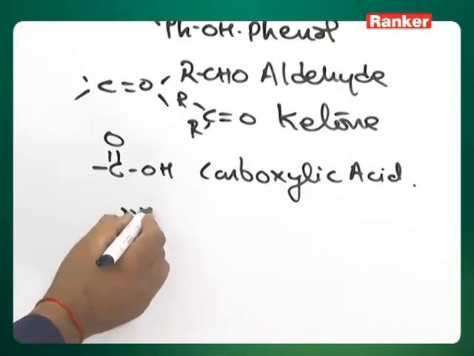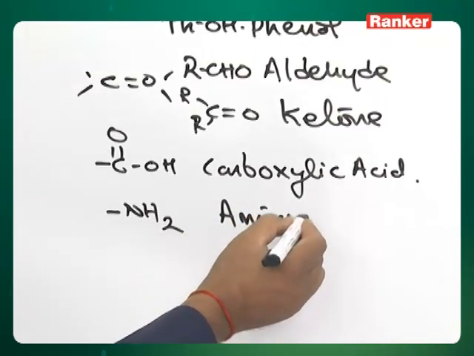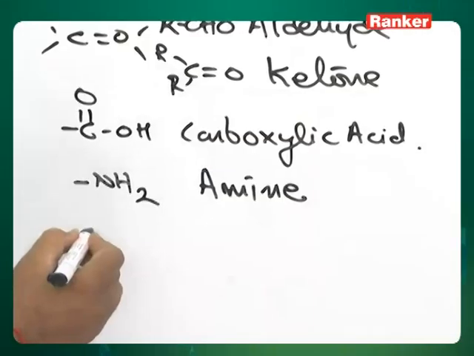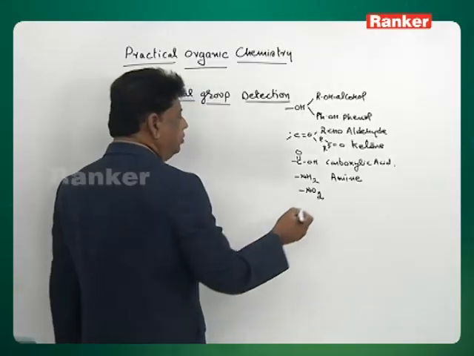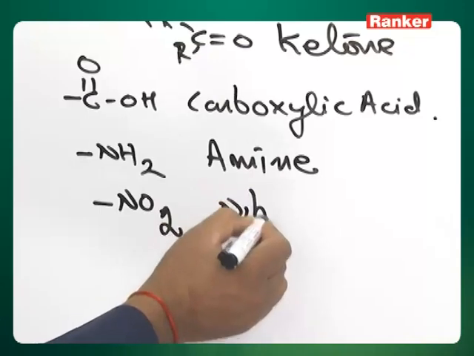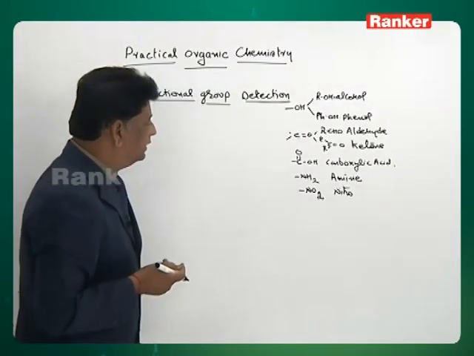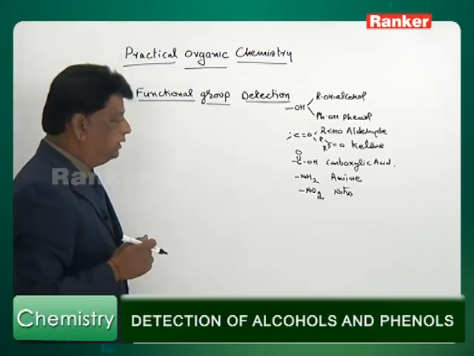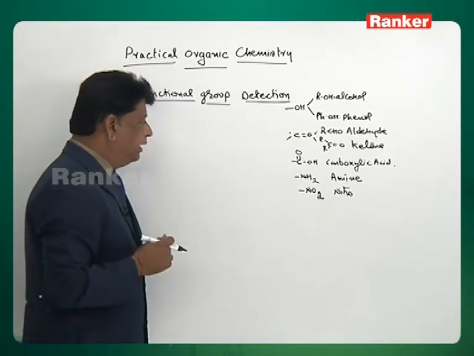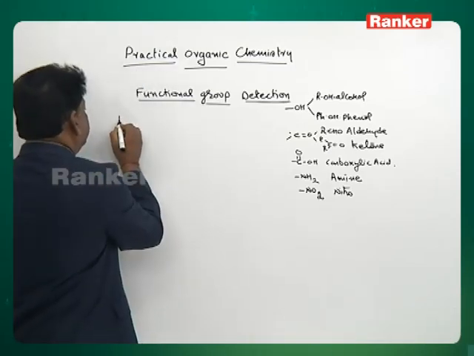Then NH2 is called amino function, amine function. NO2 is also there, that is called nitro. Specifically in the advanced examination we have nitro also, otherwise 4 are there in the main examination. Let us take first alcohols and identify.